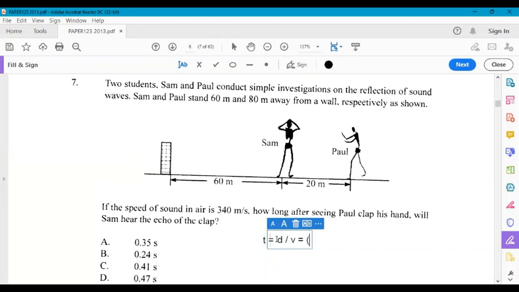The total distance is going to be the 20 meters from Paul to Sam plus the 60 meters from Sam to the wall plus the 60 meters back to Sam after it bounces off of the wall, all divided by 340 meters per second.